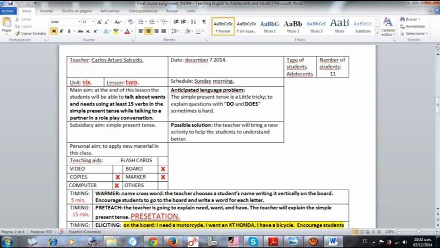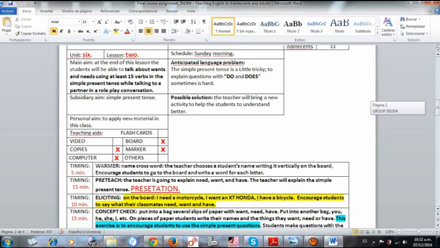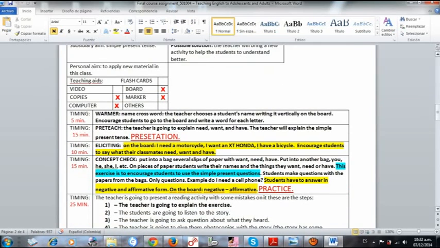My personal aim, which is here, is to apply new material in this class. Then we have the teaching aids, which are flashcards. I'm not going to use flashcards, no video, but we are going to use photocopies. The computer, of course, I always use the computer, the board, and markers.